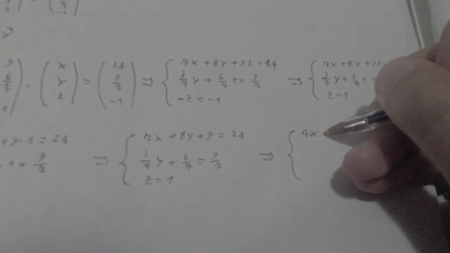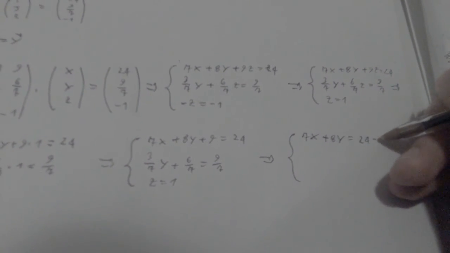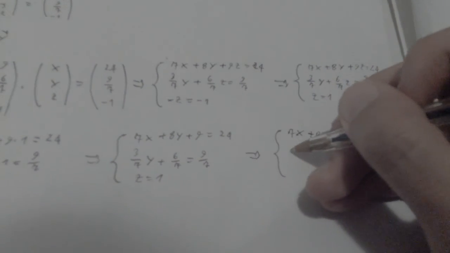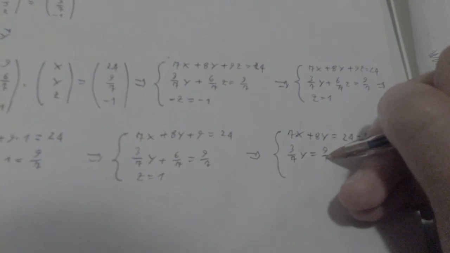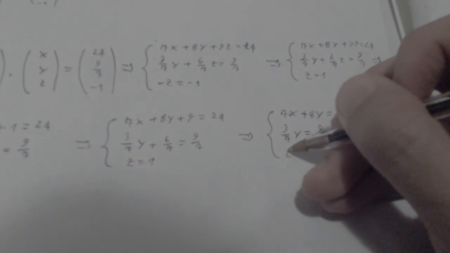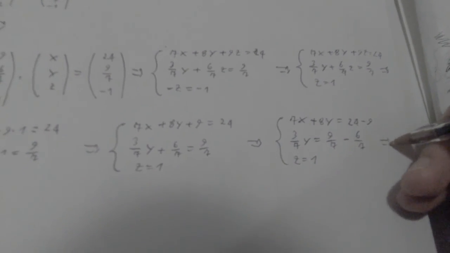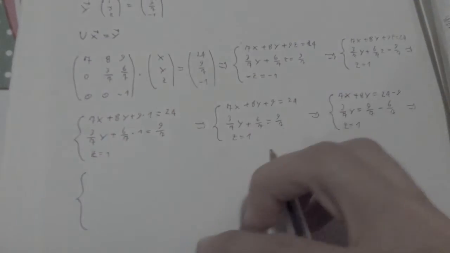So we're gonna go on. We're gonna have 7x plus 8y equal to 24 minus 9, 3 over 7 y equal to 9 over 7 minus 6 over 7, and z is still equal to 1.